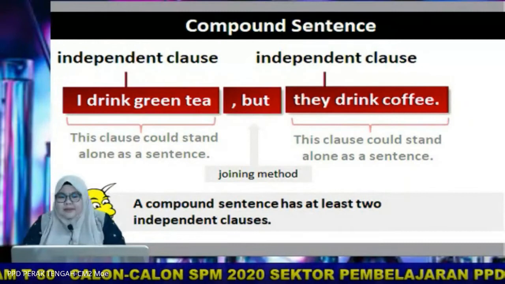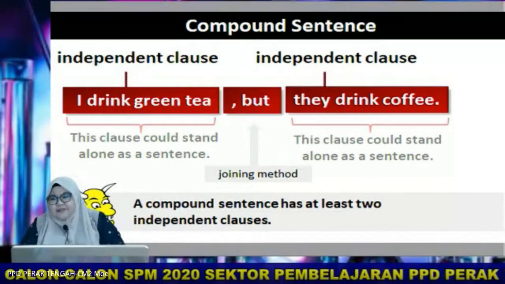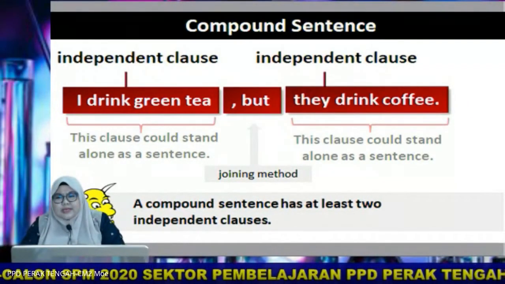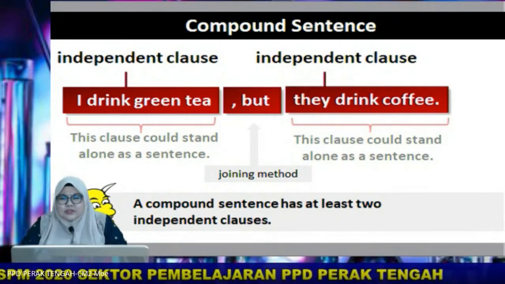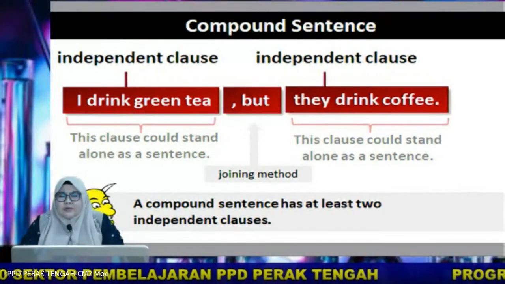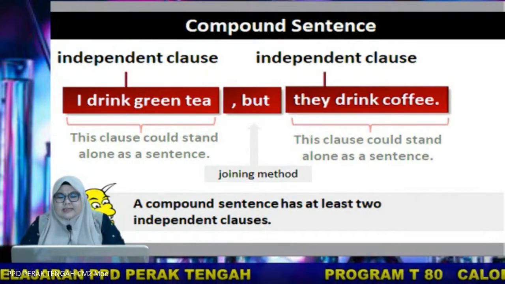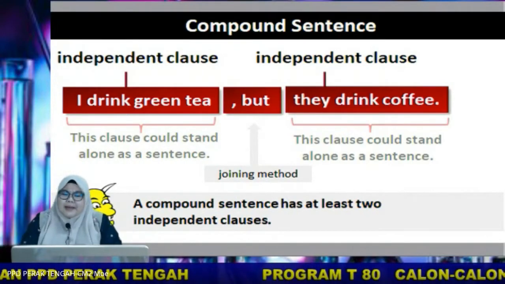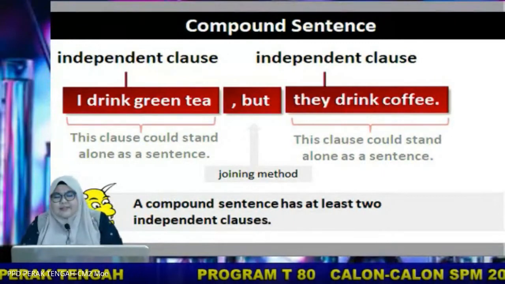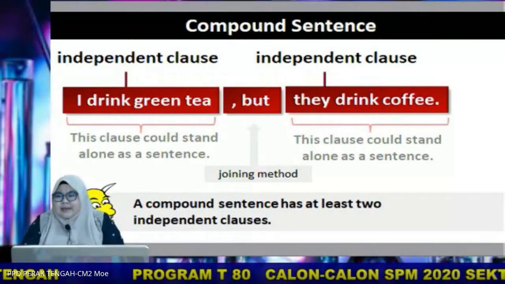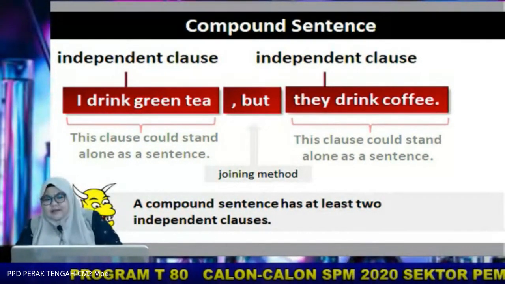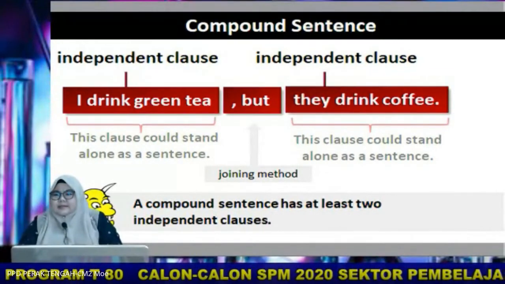But we put "but" there: "they drink coffee." This clause also could stand alone as a sentence. So the joining method here, we use a conjunction. A compound sentence has at least two independent clauses. So we have "I drink green tea, but they drink coffee." This is a compound sentence.